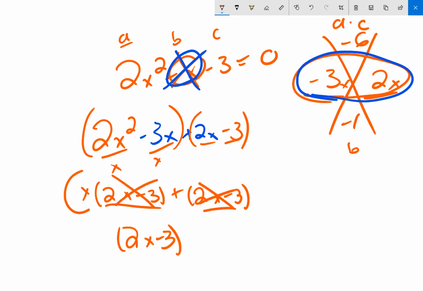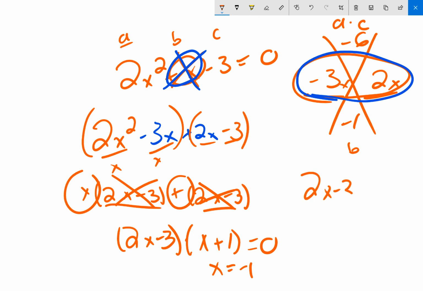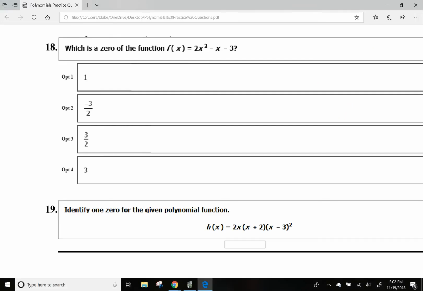And then I've got x plus 1 as the other binomial. So when you set them equal to 0, you get this one equal to -1. And if you take 2x minus 3 equal to 0, you'll get, I believe, 3/2. But I'll let you work that out to confirm. Okay, but I think I helped you for most of the problem through factoring here.